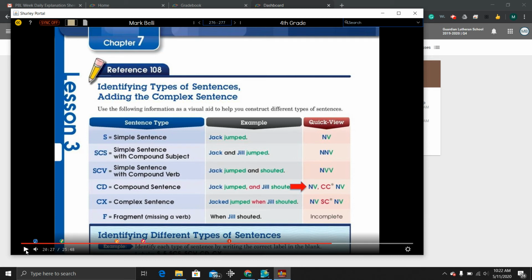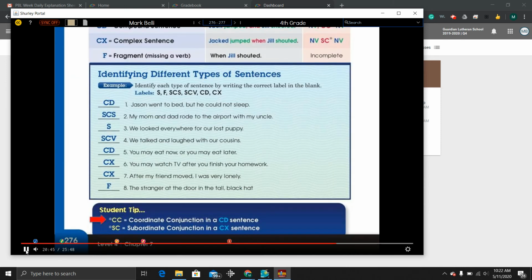Now, I can also see Jill shouting, although I don't know any Jills, really, so maybe not. Notice the quick view. It shows us that we have two simple sentences, each with a noun and a verb, but they are separated and joined by a coordinate conjunction and a comma. The CC stands for coordinate conjunction.